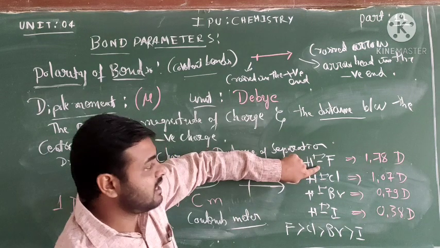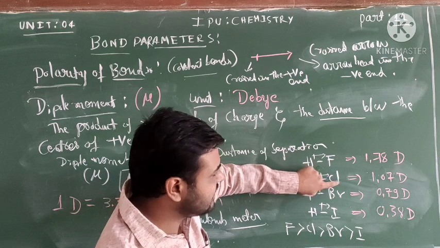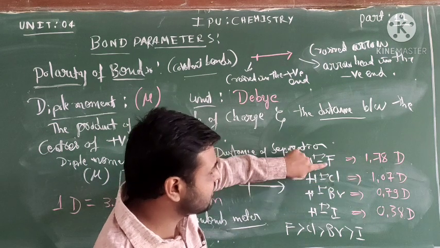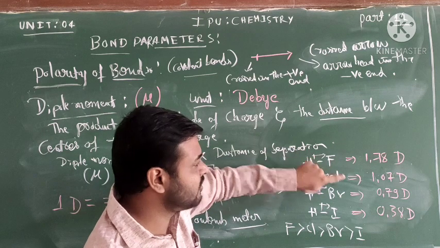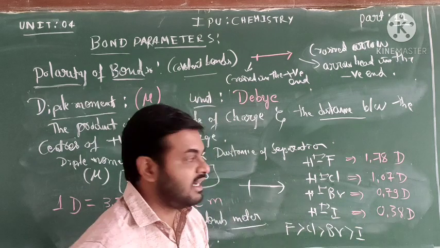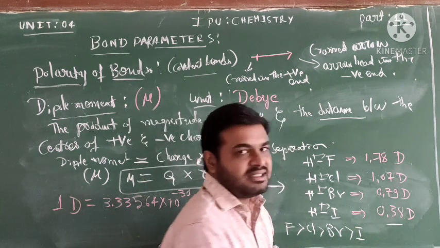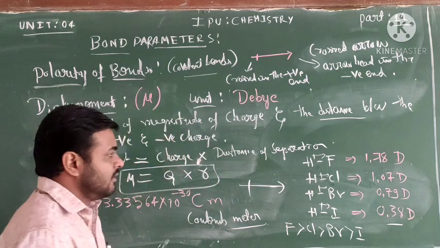So HF has the highest value because of its high electronegativity. Then HCl is 1.07, less electronegative than fluorine, so the value will be less. Similarly bromine, and iodine is the least electronegative, with value 0.38.